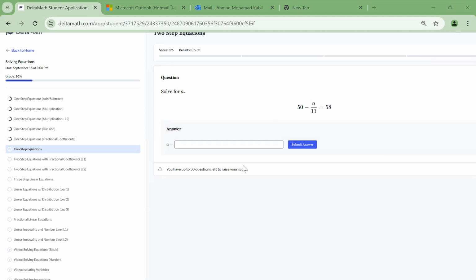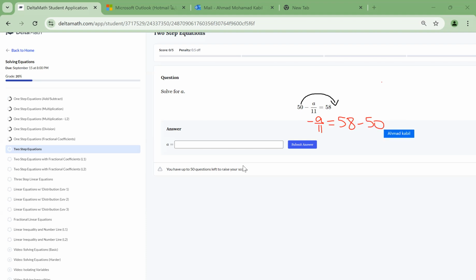Our first example says 50 minus a over 11 equals 58. So here, the simple way to solve this is just to take the 50 to the other side. So now we have negative a over 11 equals 58 minus 50.